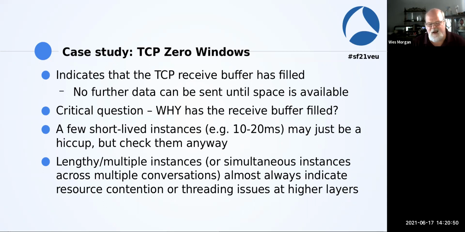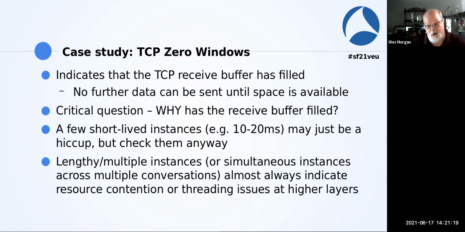I mean, if it's a here and there thing and it's only 5, 10, 20 milliseconds in duration, that could be a sign that the server is beginning to struggle, but those short-lived instances are unlikely to impact either application performance or client experience to a significant degree.